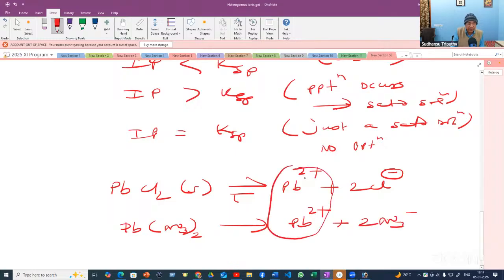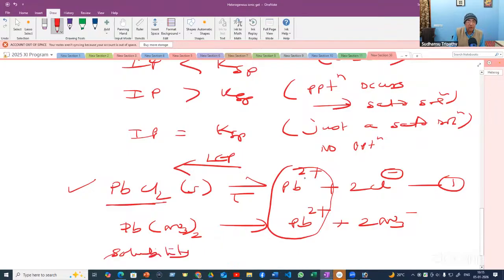So the presence of lead ion will reduce the solubility because Le Chatelier's principle says that the solubility process will be left favored. That means more PbCl2 precipitation will occur, and the solubility will be lowered. We don't say the degree of dissociation is lowered in this case; the solubility is lowered due to the common ion effect.